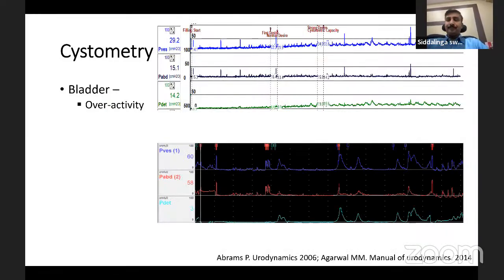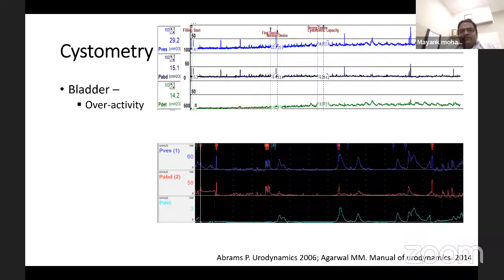Now, coming to the phenomena which happen during the study, you may encounter overactivity. These are abnormal elevations in the P detrusor during the study. As you can see in the upper graph, there are low level detrusor contractions throughout this study. These are phasic detrusor contractions.